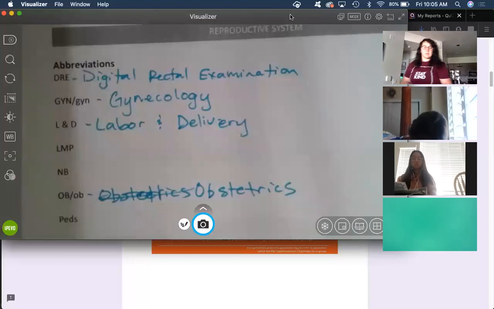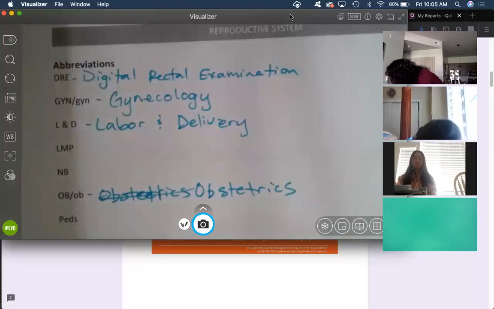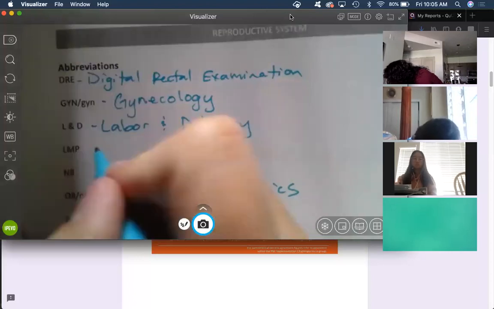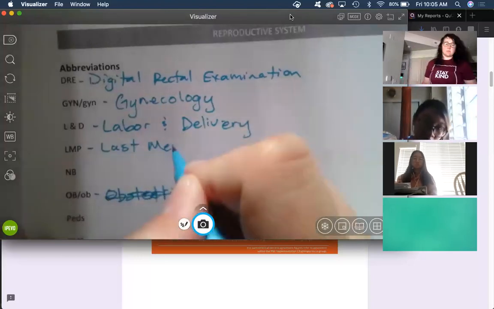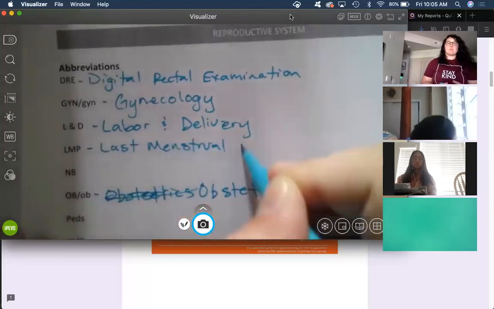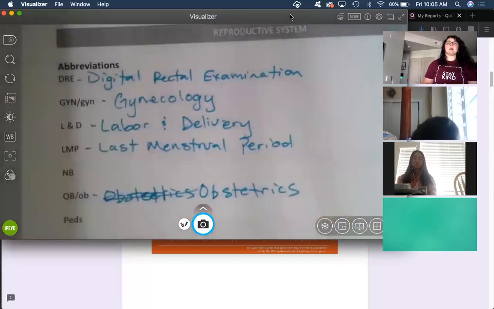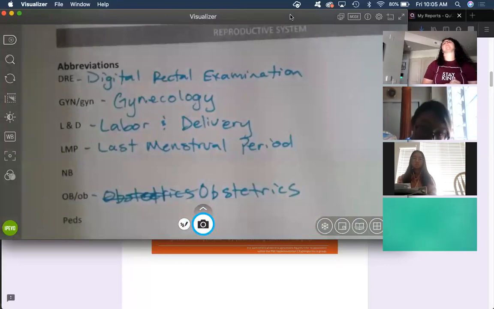LMP is last menstrual period. We'll talk about the period, or menses, or menstruation here in just a few minutes. They're looking for your last one. Most females will have a period every 27 to 31 days or something like that.